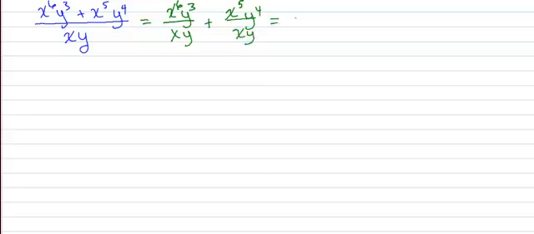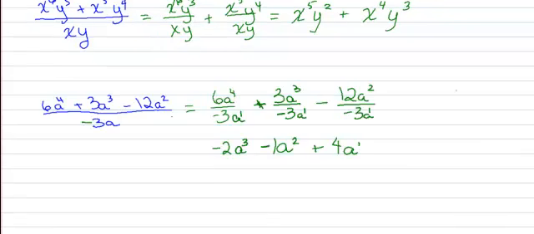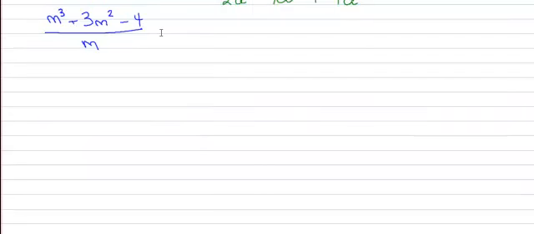X to the 6th minus 1 is x to the 5th. Y to the 3 minus 1 is y squared, plus x to the 5 minus 1 is 4, y to the 4 minus 1 is 3, and you're done. Just a little messy, but let's go ahead and keep working on these.